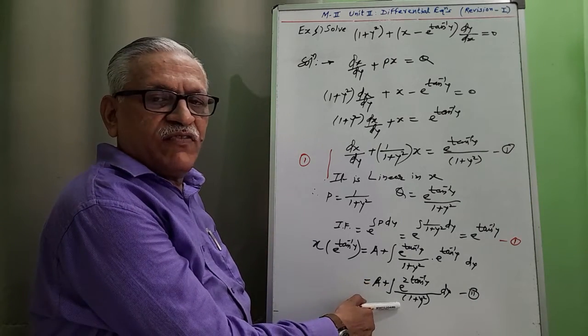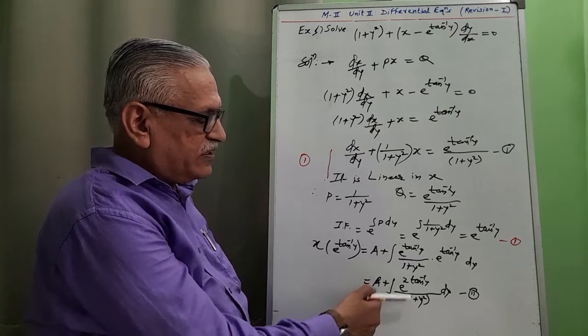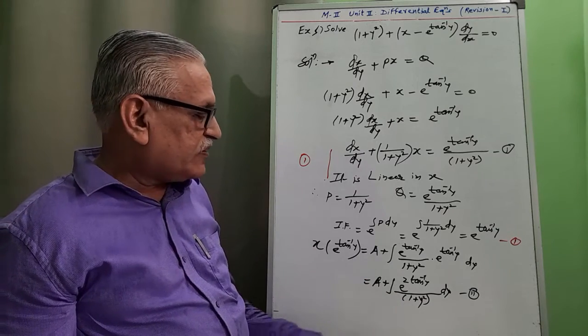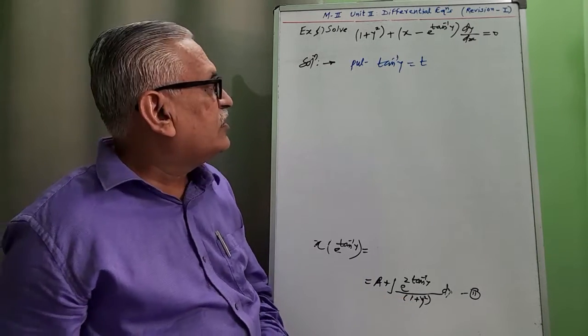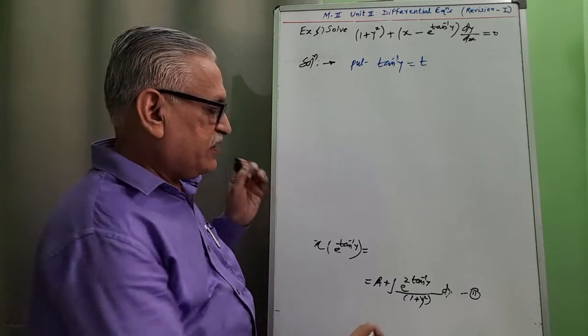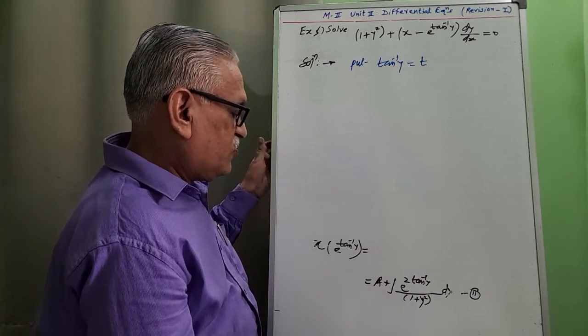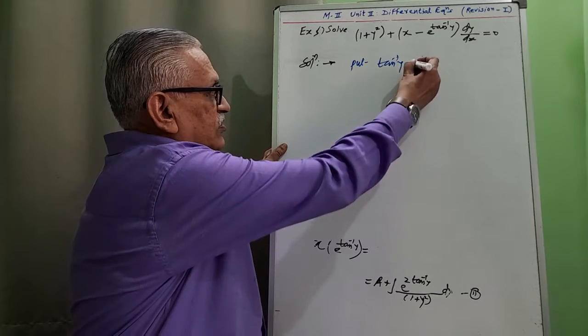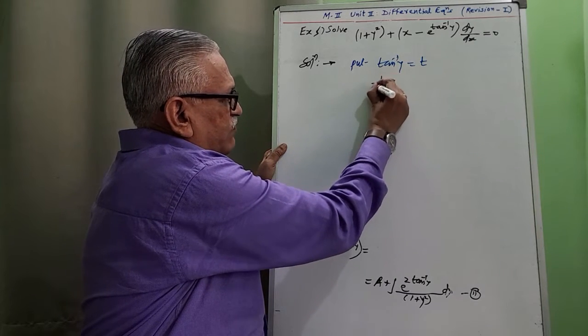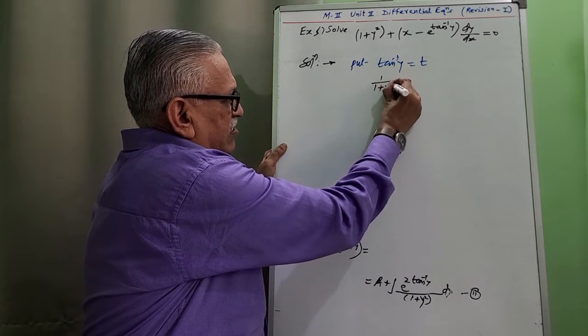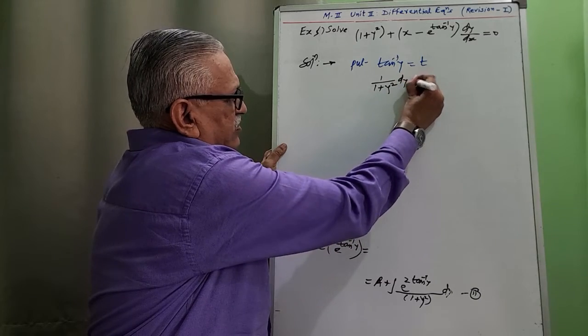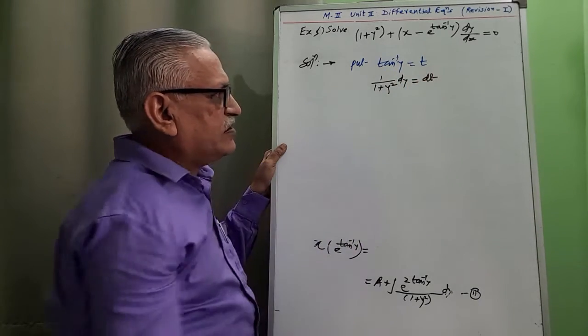To obtain the value of this integration, we take the help of substitution. Put tan inverse of y as t. Differentiating it with respect to t, we get 1 upon 1 plus y square dy is equal to dt.